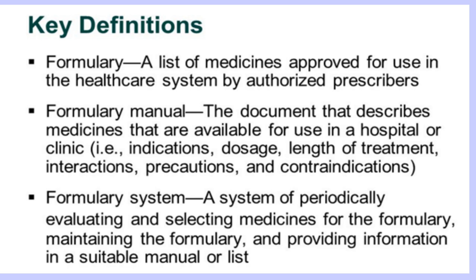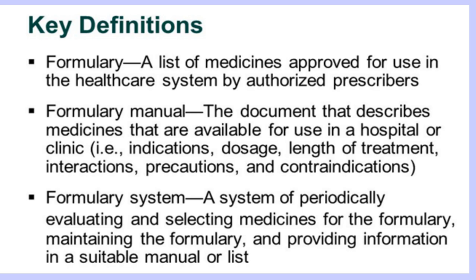So this system will periodically, every month or every year, be evaluating the drugs that are present in the formulary. They will be evaluating their safety, efficacy, cost effectiveness. Are they being used by the patients? Are they being sold in the hospital pharmacy? So everything will be evaluated periodically and selecting medicines for the formulary.